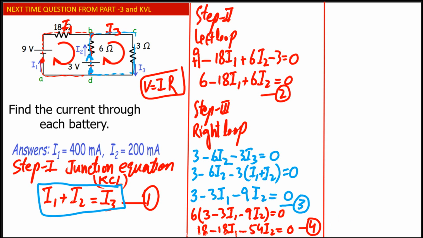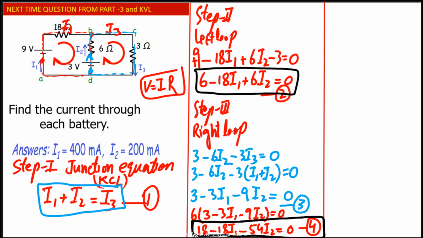Now, as you can see here, let me change the color. This is equation number 2 here, and equation number 4 is here. We have minus 18I1 in equation 2, and also we have minus 18I1 in equation 4 as well.